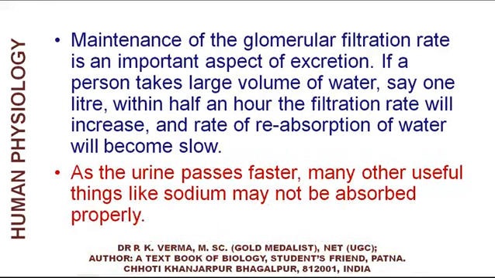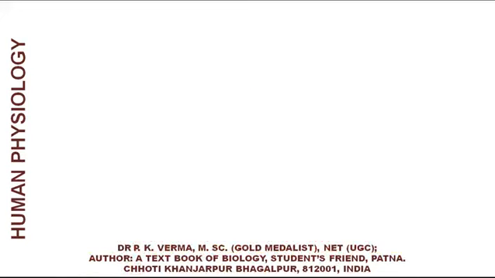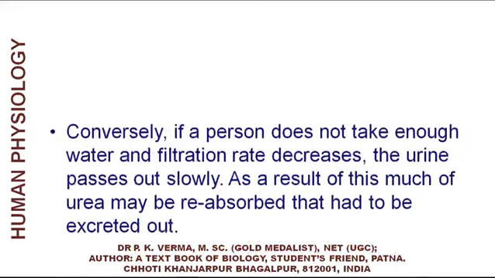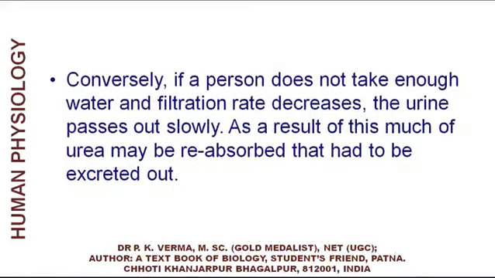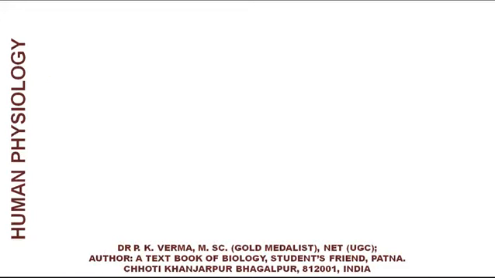As the urine passes faster, many other useful things like sodium may not be absorbed properly. Conversely, if a person does not take enough water and filtration rate decreases, the urine passes out slowly. As a result of this, much of urea may be reabsorbed that had to be excreted out.